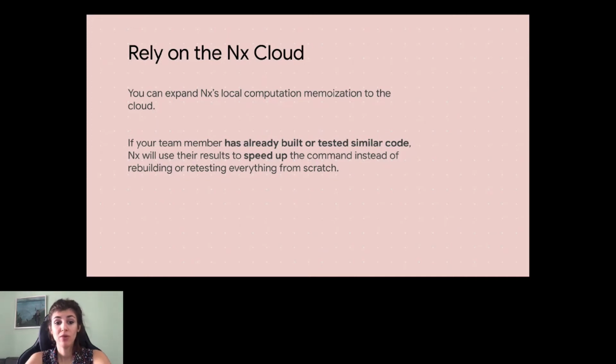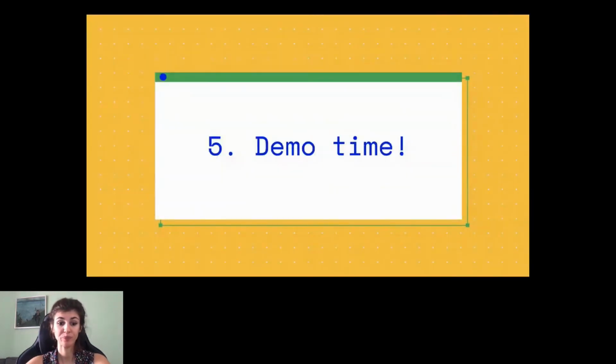If your team member has already built or tested similar code, Nx will use the results to speed up the command instead of rebuilding or retesting everything from scratch. And you can do that with Nx Cloud, which will be a lot faster. And when you're generating an Nx Workspace, you can opt in or opt out of Nx Cloud, but it's very, very useful because it speeds up everything.